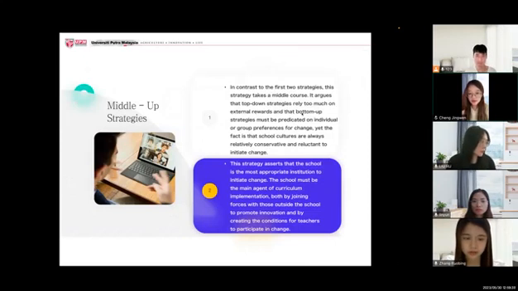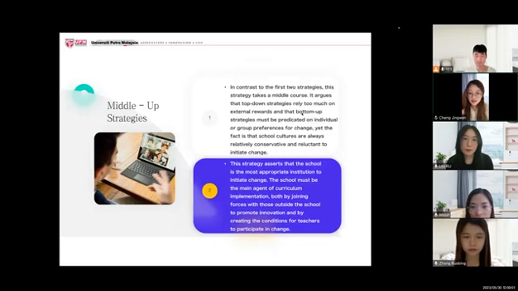Finally, mid-up strategy. In contrast to the first two strategies, this strategy takes a middle course. It argues that top-down strategies rely too much on external rewards and that bottom-up strategies must be predicated on individual or group preference for change.